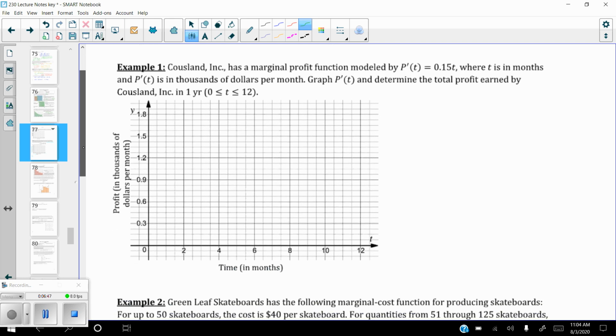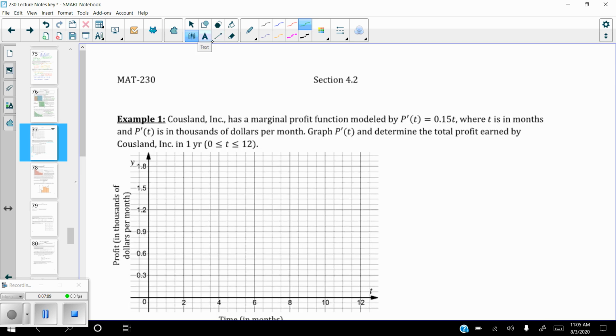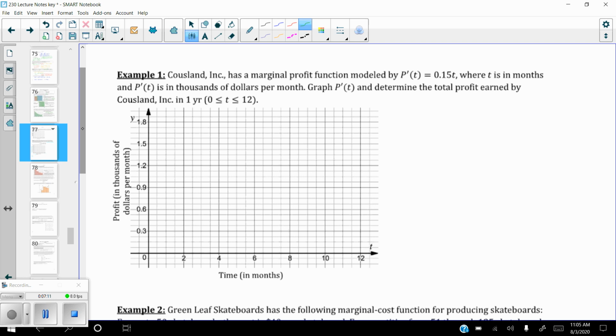We're first going to start by graphing 0.15 t. That's just linear. The slope is 0.15, so every 0.15 that we go in the y direction, we go 1 unit in the x direction. It looks like this is not going to be too difficult, although I think I'm going to cheat just a little bit here. Let's see, I think I can do a line on here somewhere.